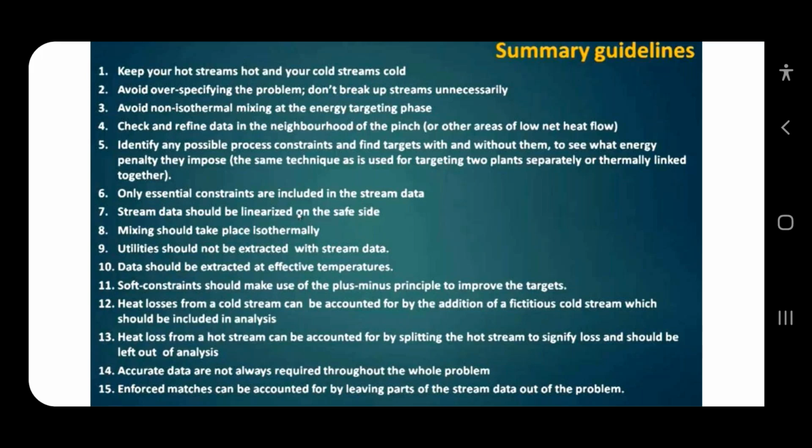Then check and define data in the neighborhood of the pinch. Then identify any possible process constraints and find targets with and without them to see what energy penalty they impose. Only essential constraints are included in the stream data. Stream data should be linearized on the safe side.